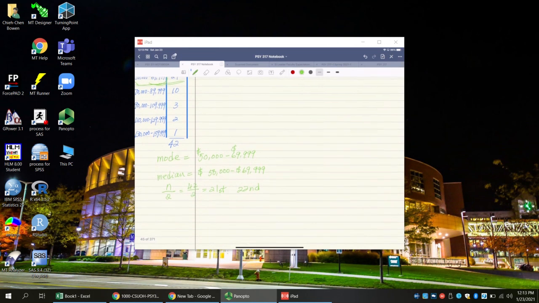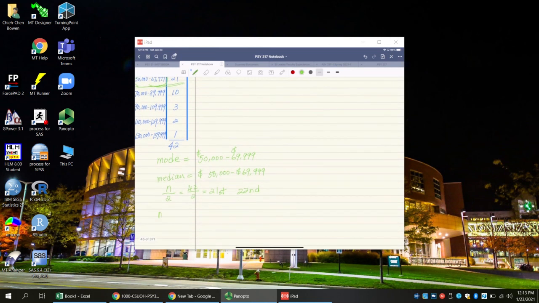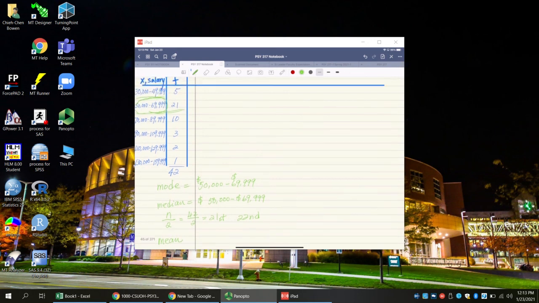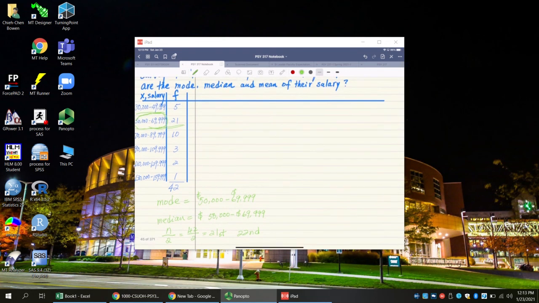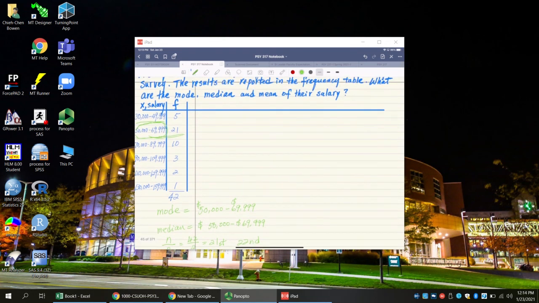For the mean, we are not able to do the exact calculation because, based on the frequency table information we're given, we don't know exactly where the data points are located within each interval.